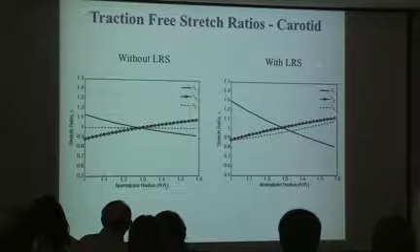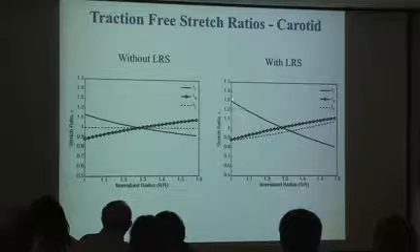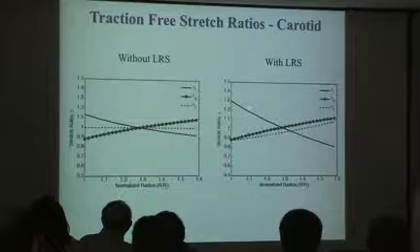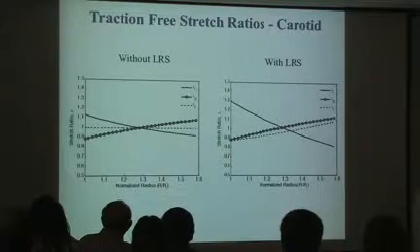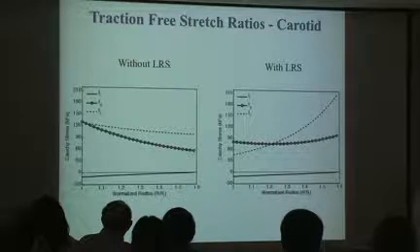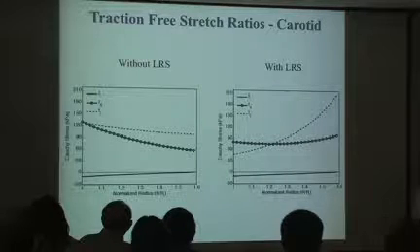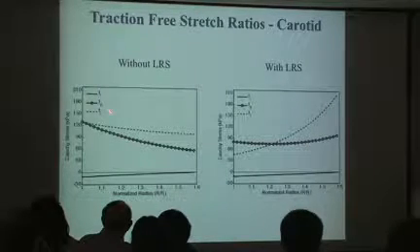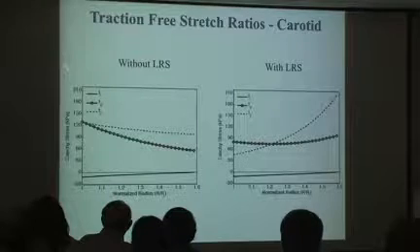And when we incorporate this longitudinal stress, these longitudinal strains, we get both longitudinal and circumferential stresses increasing in the traction-free configuration. The consequence of this to what we're really interested in is the stress in the vessel wall under physiologic loading.